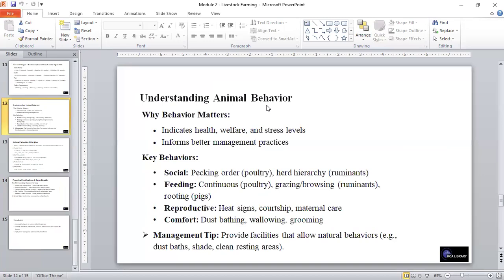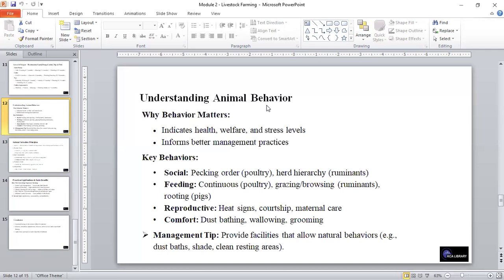Understanding animal behavior. Behavior indicates health, welfare, and stress level of animals. Behavior also involves better management practices being carried out. So, the key behaviors to watch out for are the social behavior. This involves the pecking order, how the poultry peck.